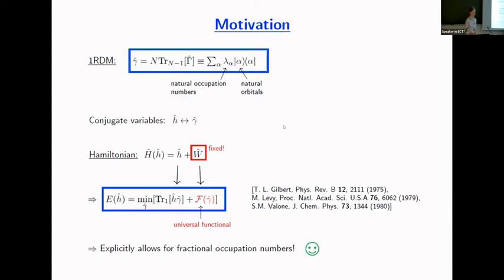So there are mainly two nice aspects, which are always valid. First of all, when we apply wave function-based methods and we change the one particle Hamiltonian, we have to start our calculation from scratch. That's something we avoid here if we know the universal functional. But at the same time, we don't trivialize the problem, because usually the really hard part is to obtain a sufficient approximation for the universal functional.